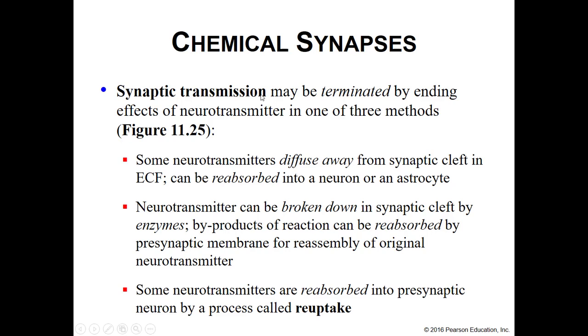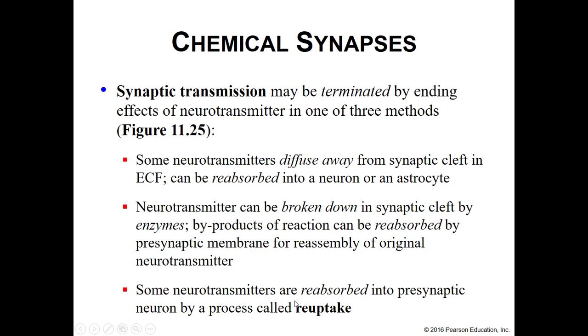So your synaptic transmission may be terminated by ending the effects of the neurotransmitter in one of three methods. So they can diffuse away from the synaptic cleft and be reabsorbed. As we saw with the neuromuscular junction, it can be broken down in the synaptic cleft by enzymes, and the byproducts of that be reabsorbed.